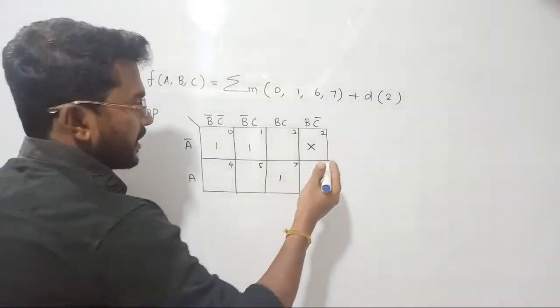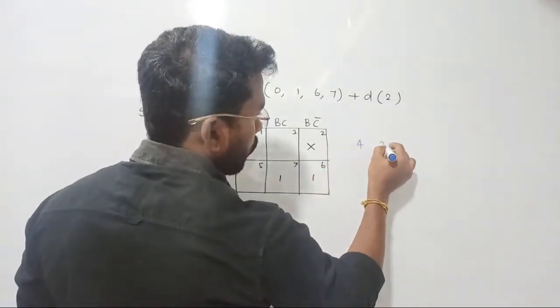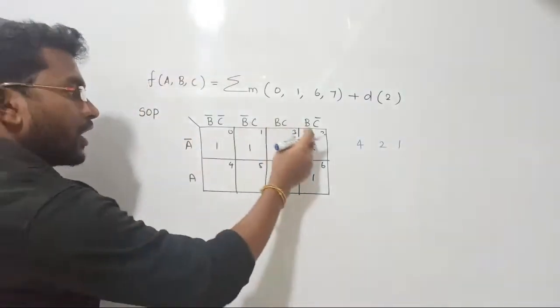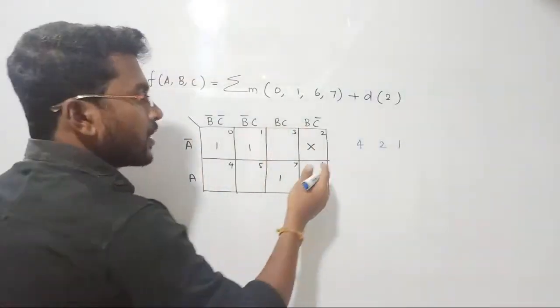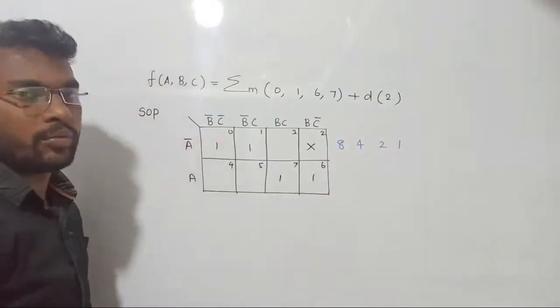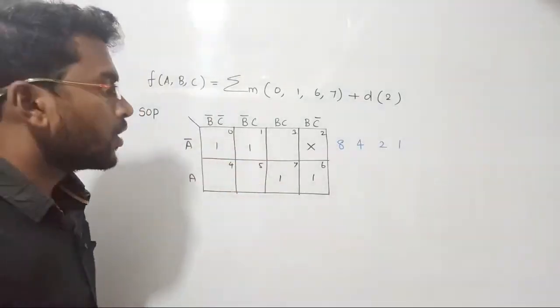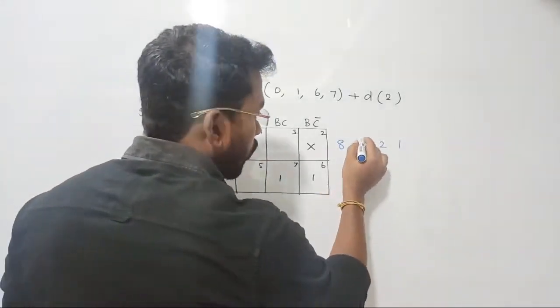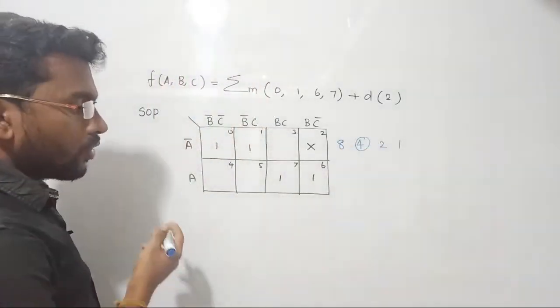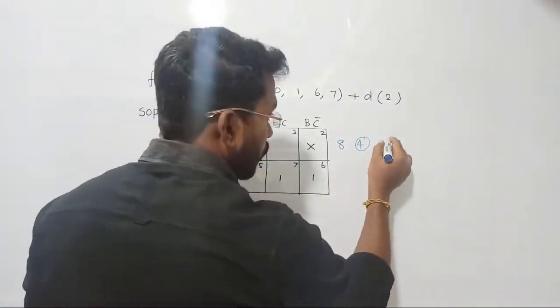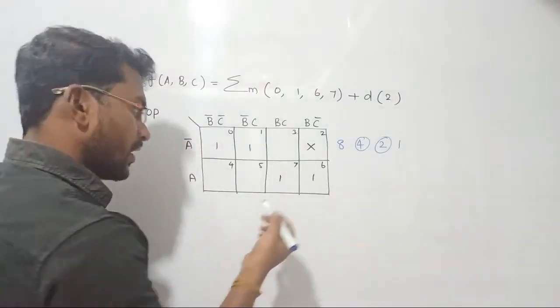We have to start from groups of 4, 2, 1. I have only 8 cells, so I'm not considering 8, though you can start from 8. Do you have 8 ones here? No. Do you have 4 ones in adjacent cells? No. Do we have 2 ones in adjacent cells? Yes. Let's do the grouping.